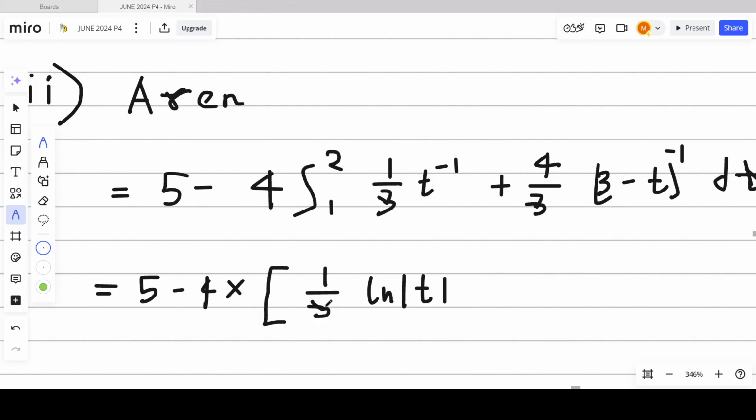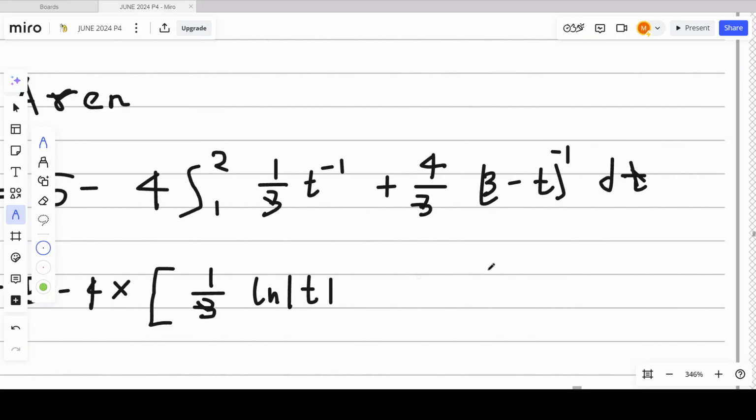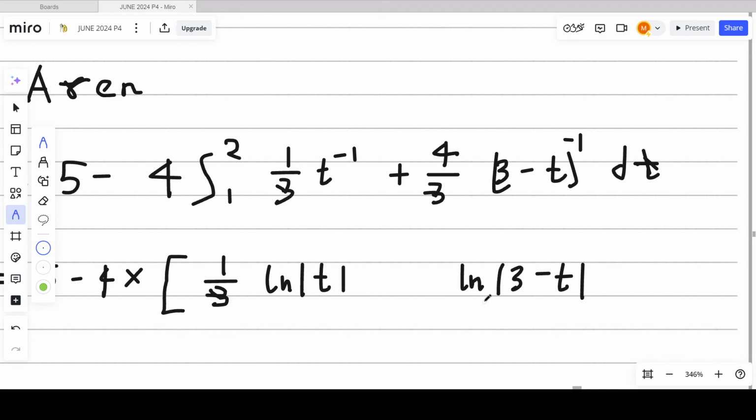Next is the integration of plus 4 over 3 times (3 minus t) inverse. The integration of (3 minus t) inverse is ln modulus 3 minus t.